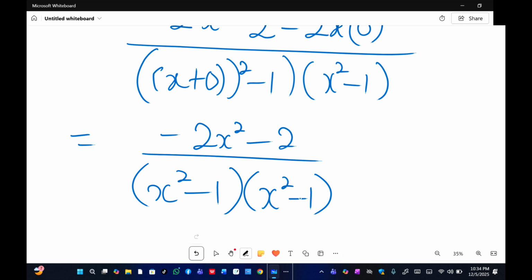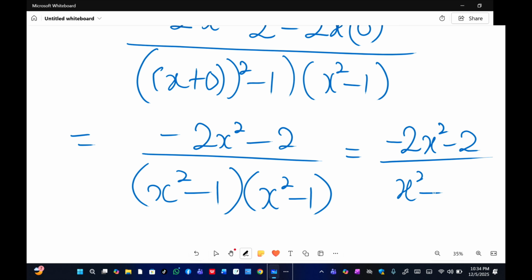Alright, and this will give us negative, you can factorize negative 2 out. But if you don't want to do that, we can just leave it in this form, negative 2x squared minus 2, all divided by our x squared minus 1 multiplying itself 2 times, so we can make it x squared minus 1 in one bracket all squared.